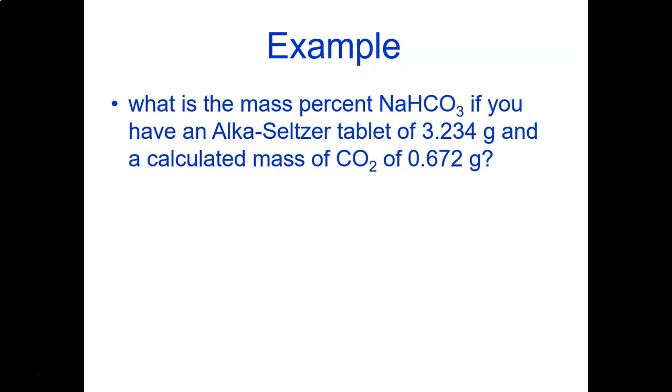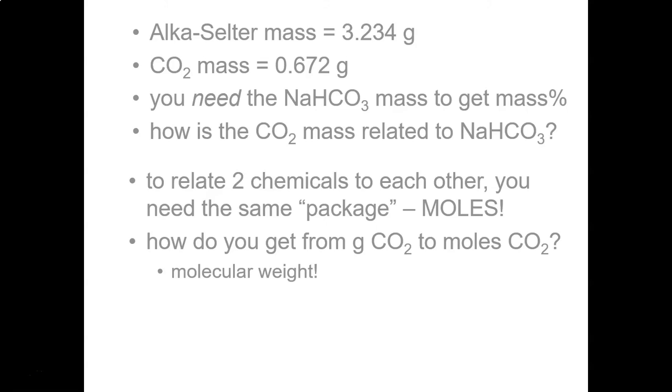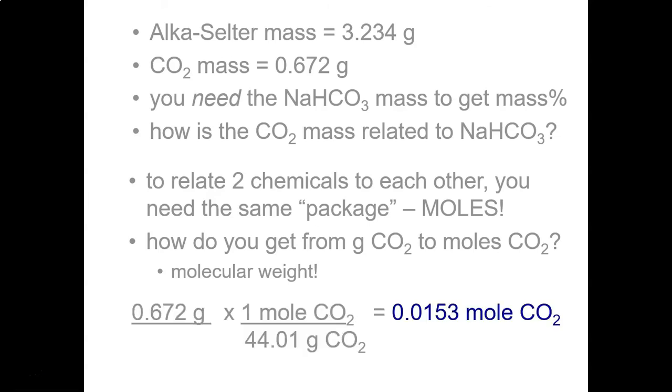For example, what is the mass percent of sodium bicarbonate if you have an Alka Seltzer tablet of 3.234 grams, and after the reaction you measure the carbon dioxide gas and obtain a mass of gas produced of 0.672 grams? To relate the carbon dioxide to the sodium bicarbonate, we need to convert everything to mole numbers. How do we get from the mass of CO2 to the moles of CO2? We divide the mass of carbon dioxide by its molar mass, which gives us 0.0153 mole of CO2.